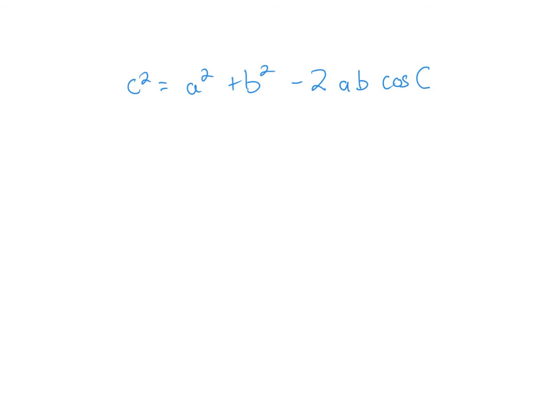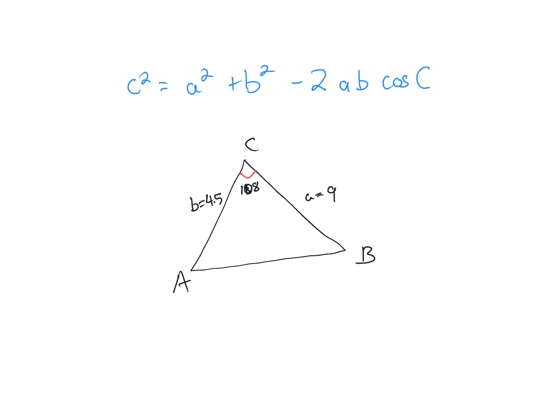Let's say we have a triangle A, B, and C, in this case C is the one we're missing. We know this angle. This is 108. And let's say this distance A is 9, so little a is 9, and b is 4.5.